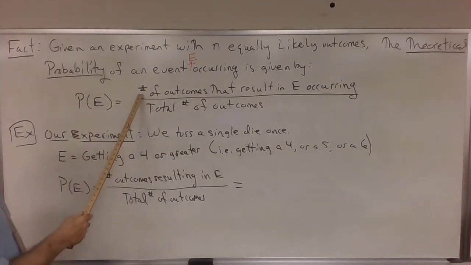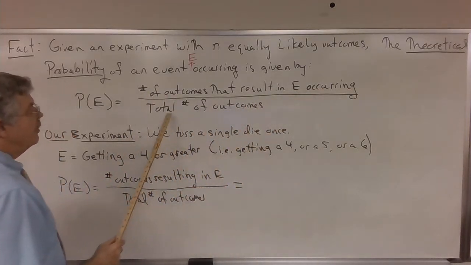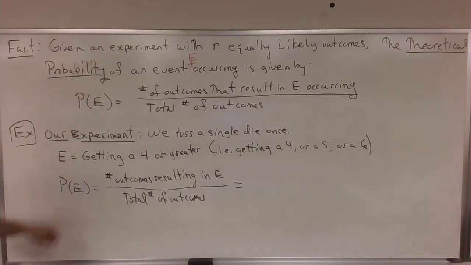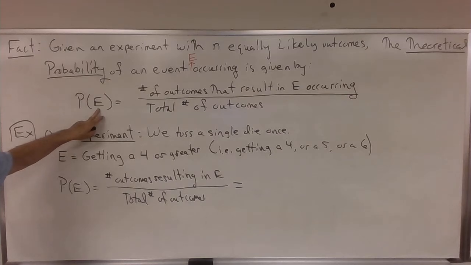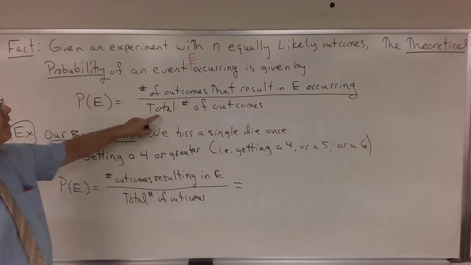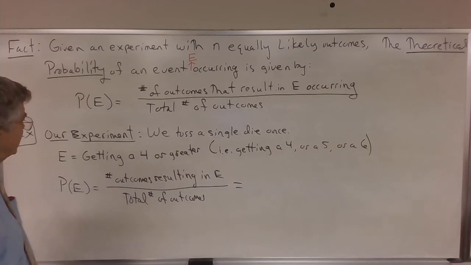It's going to be the number of outcomes that result in E occurring over the total number of outcomes. So the probability that the event E occurs is the total number of outcomes that result in E occurring over the total number of outcomes, period.